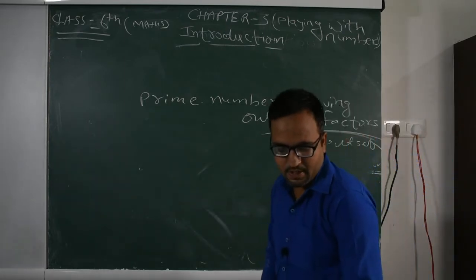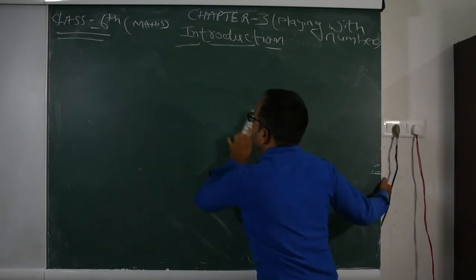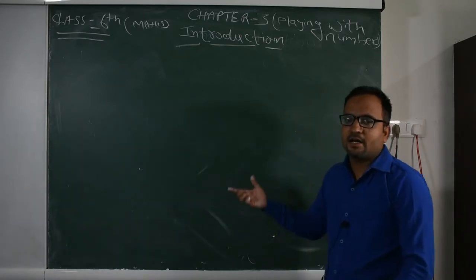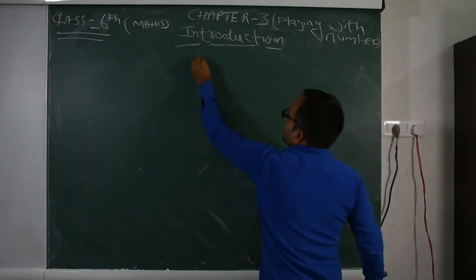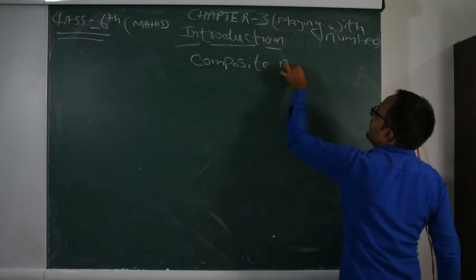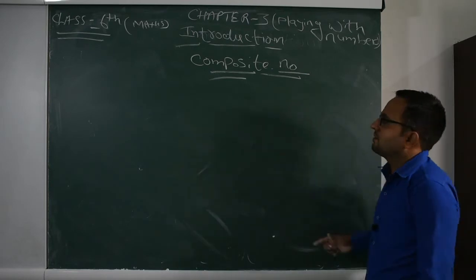Now we discuss composite numbers. A composite number is the opposite of a prime number. What is the concept behind this?